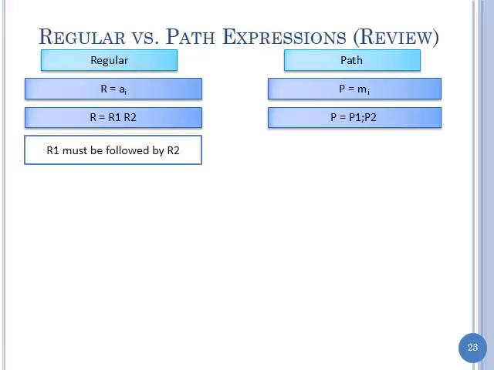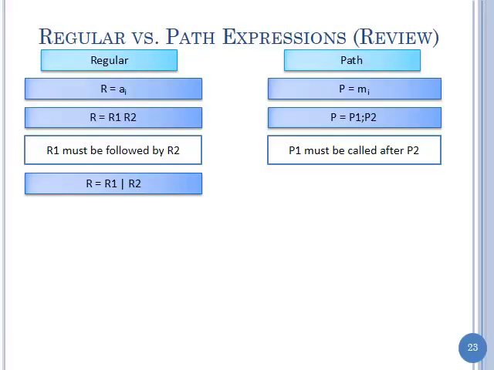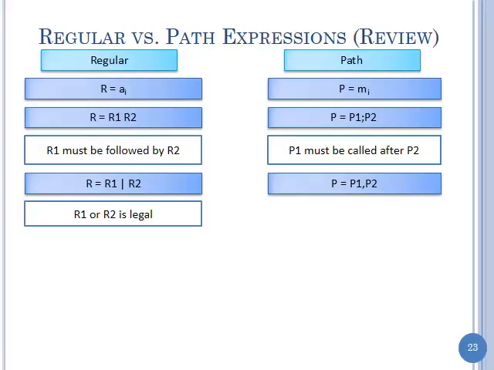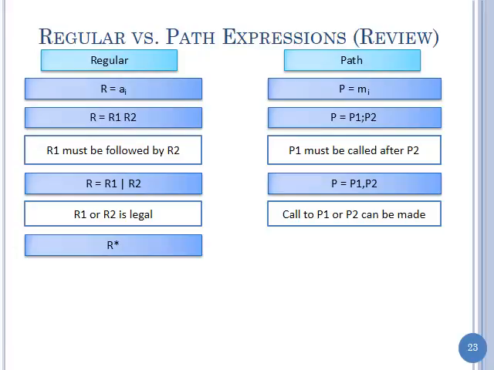So you're saying R1 must be followed by R2, and P2 must be called after P1. Then there's R1 or R2, so either is legal: a call to P1 or P2 can be made.